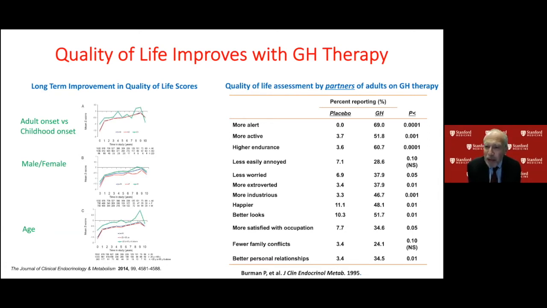So I think sometimes the patient who's getting growth hormone, and as we'll see, we have to understand that growth hormone therapy leads to rather gradual effects. It's not an overnight improvement, so the patient may not really recognize how much better they're getting, but their partners certainly did.